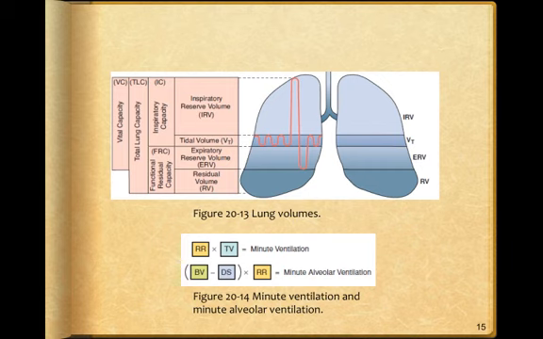The more air that we bring across the alveolar sac and the more gas exchange that we have, the better the respiration. Minute ventilation measures the volume of gas that passes through the lungs in a minute, and it equals the respiratory rate times the volume of breaths per minute. And that's this right here.